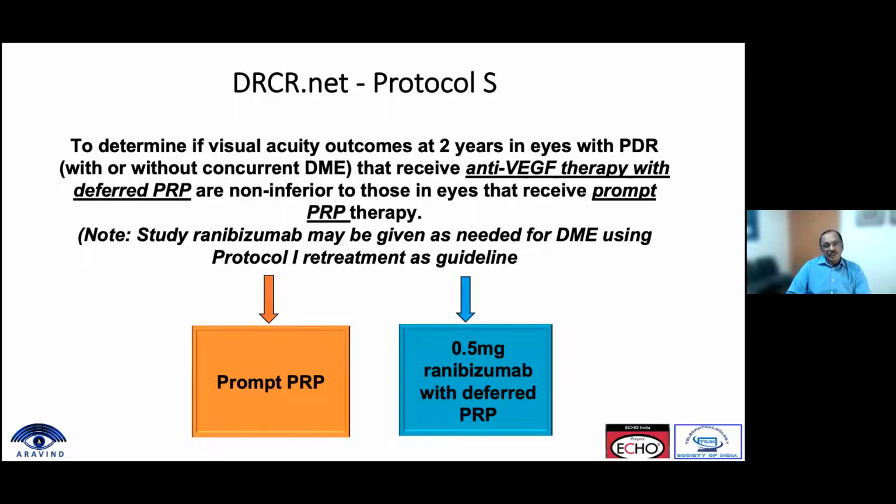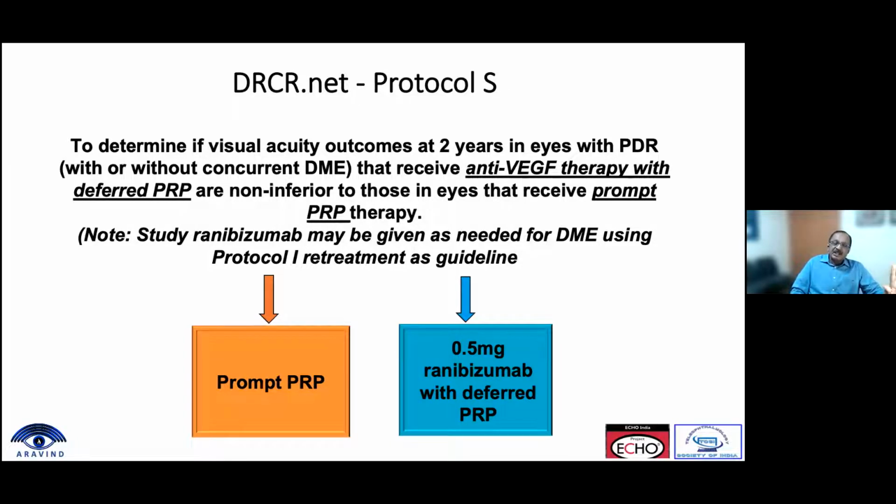The most important is Protocol S of the DRCR.net program from the US. This was done to determine if the visual acuity at 2 years in eyes with proliferative diabetic retinopathy that receive anti-VEGF therapy with deferred pan-retinal photocoagulation is non-inferior to that in eyes that receive prompt PRP therapy.